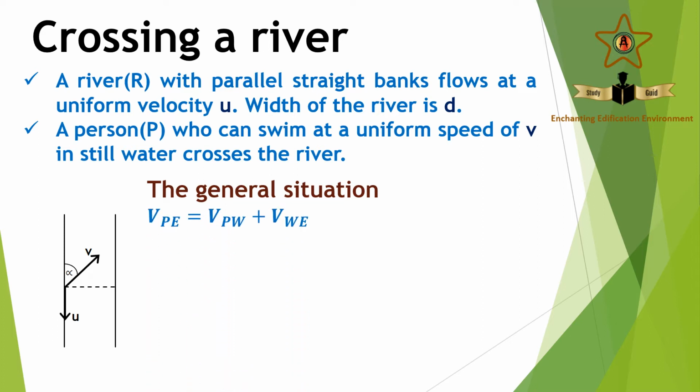So by the velocity triangle rule, velocity of the person relative to earth is equal to velocity of the person relative to water plus velocity of the water relative to earth. Now it is equal to v plus u. v is at an angle alpha from the opposite direction of water flow and u is straight along the water flow.